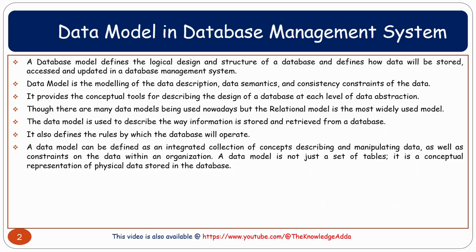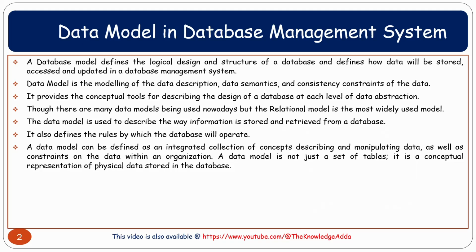So basically, data abstraction means hiding unwanted things, or unwanted details, from the user. There are various data models being used nowadays, but the relational data model is the most widely used.